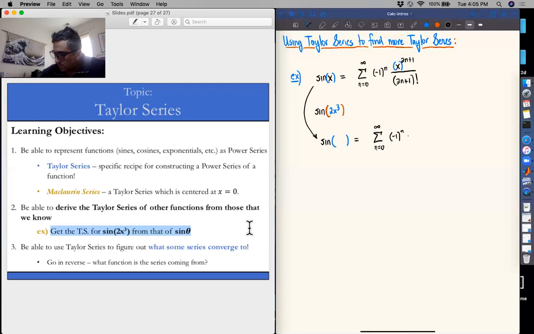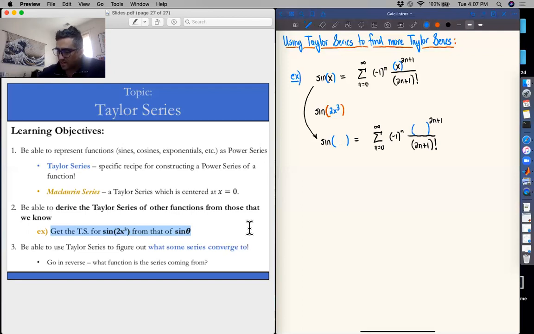Whatever I put in those parentheses, I put in the parentheses on both sides of this equation, in both the function itself as well as inside of its Taylor series representation. So if we just had x's inside of those parentheses, we would just have the Taylor series or Maclaurin series for sine of x.